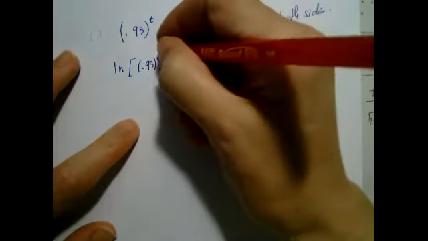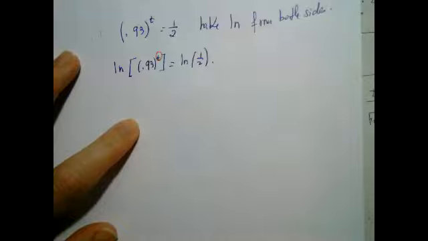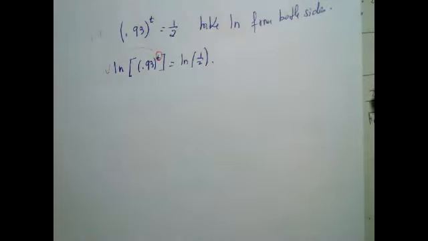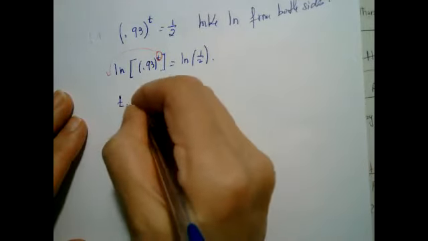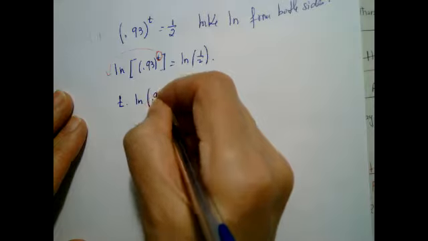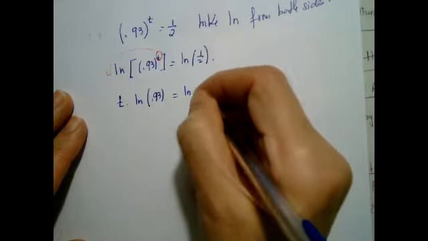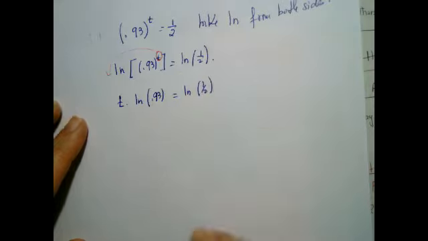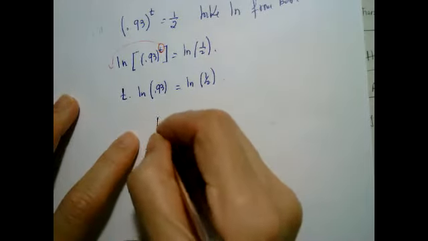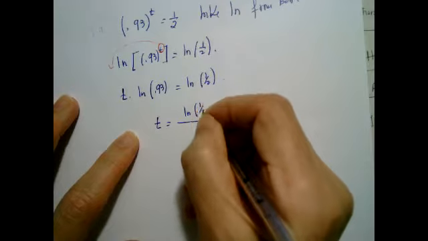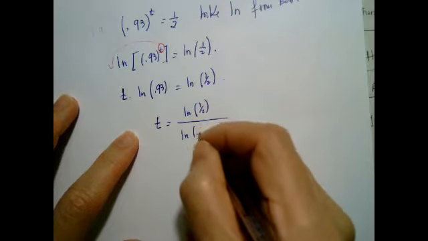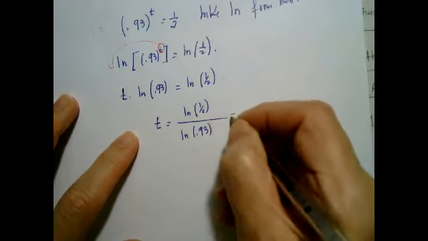Now my t here is the power, and it's this t that I can bring down. So this is going to become t times the ln of 0.93 equal to ln of a half. And now I solve for t. I will get ln of a half divided by the ln of 0.93.